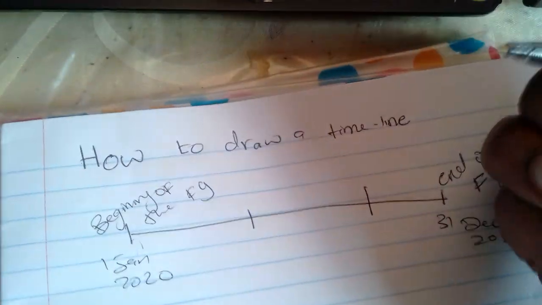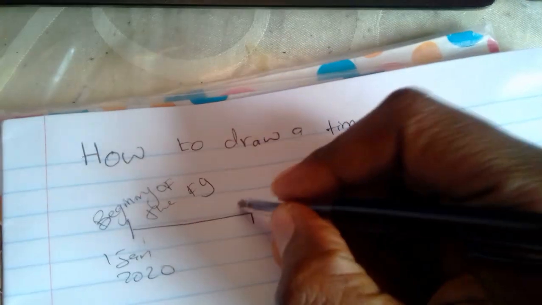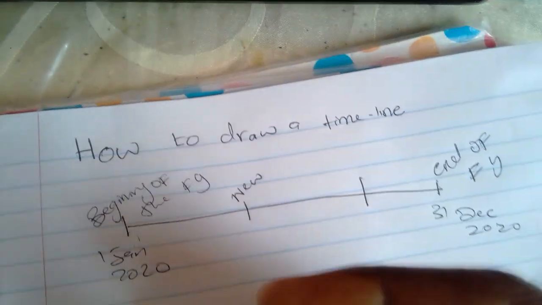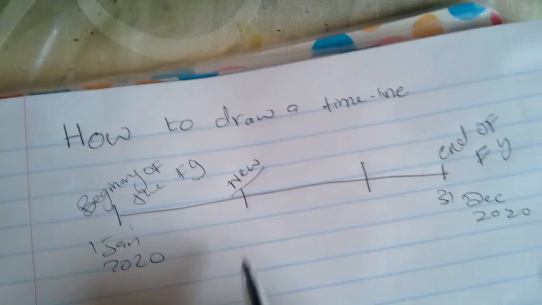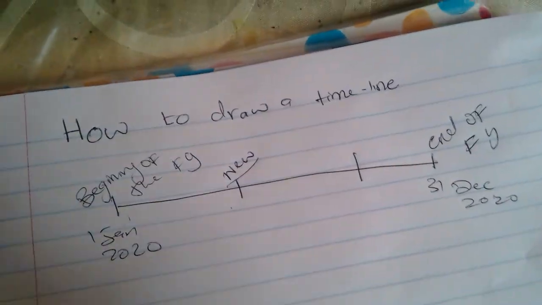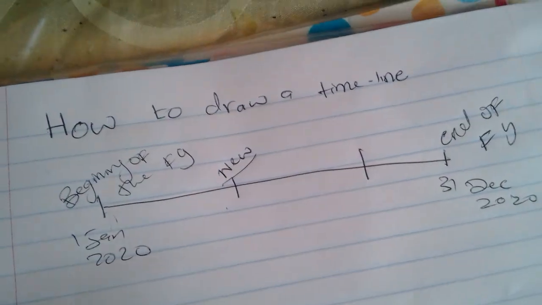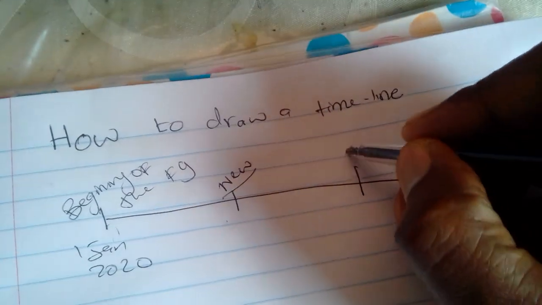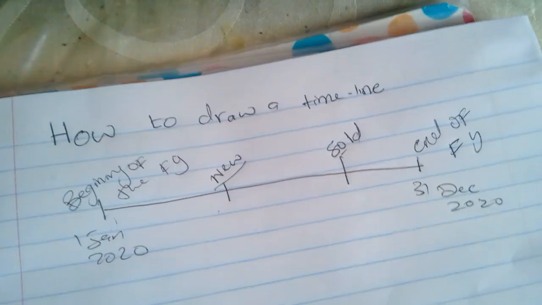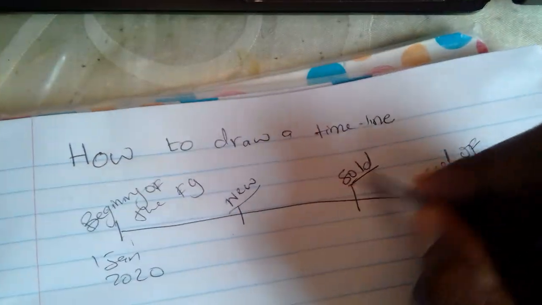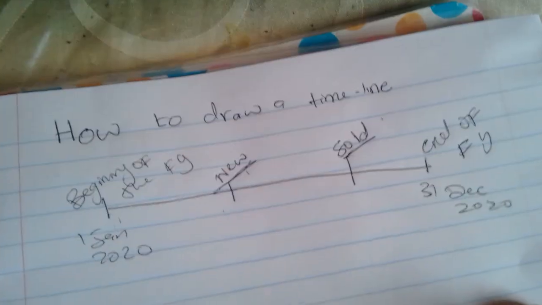Just like the date when you purchased an asset, the new date. For example, you will be given a date when they purchased this asset for this amount on this day. And the other date will be when the asset was sold. So please make sure you identify these two dates.